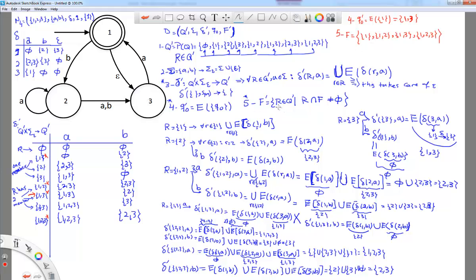It is going to be all the R's that have some members of F, and F was 1. So {1}, {1, 2}, {1, 3}, and {2, 3} is going to be my accept states. Next I'm going to draw the diagram for this and simplify it, and that should be a very good case for the conversion.